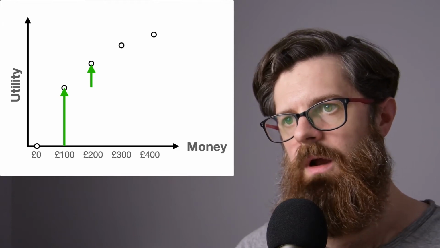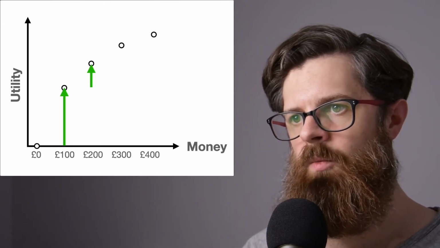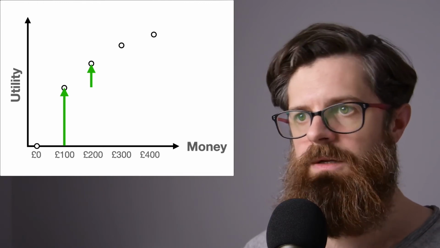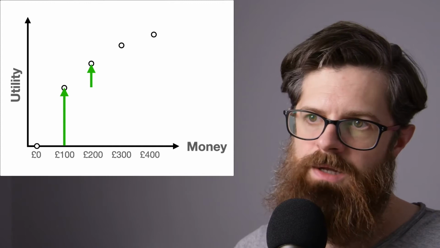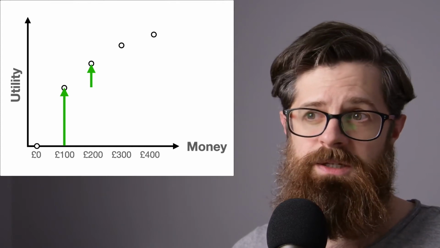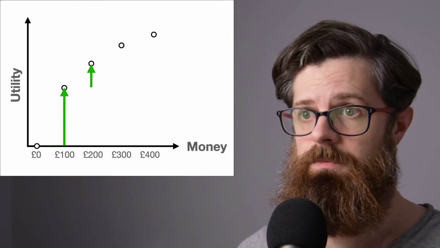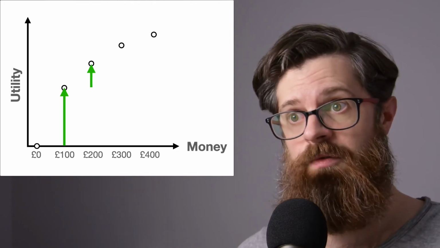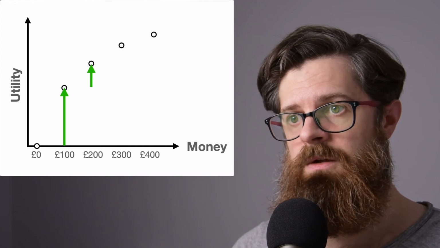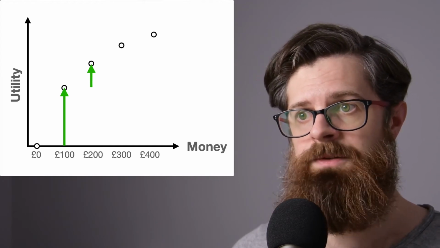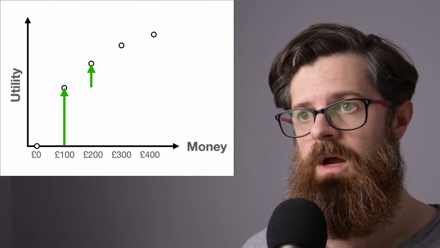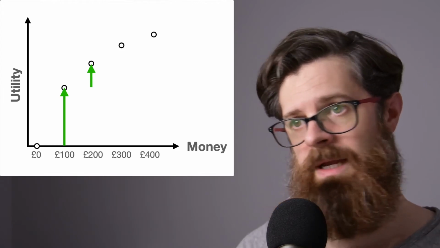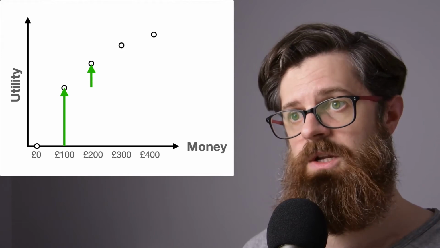Now, if you went from having £100 to having £200, this would also be good. But it wouldn't be twice as good according to this particular shape of curve that we have. If you give me £100 and I already have £100, I will gain utility from that. I will like that and enjoy that, I guess.